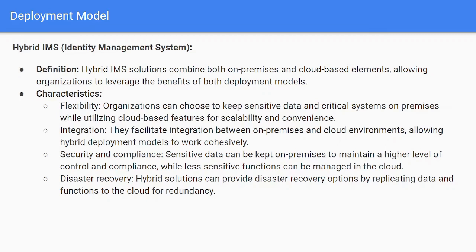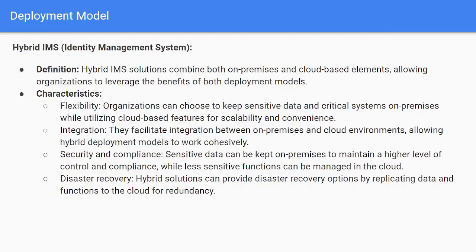Then integration. They facilitate integration between on-premise and cloud environments, allowing hybrid models to work cohesively. And security and compliance. Sensitive data can be kept on premise to maintain a higher level of security, control and compliance, while less sensitive functions can be managed on the cloud.